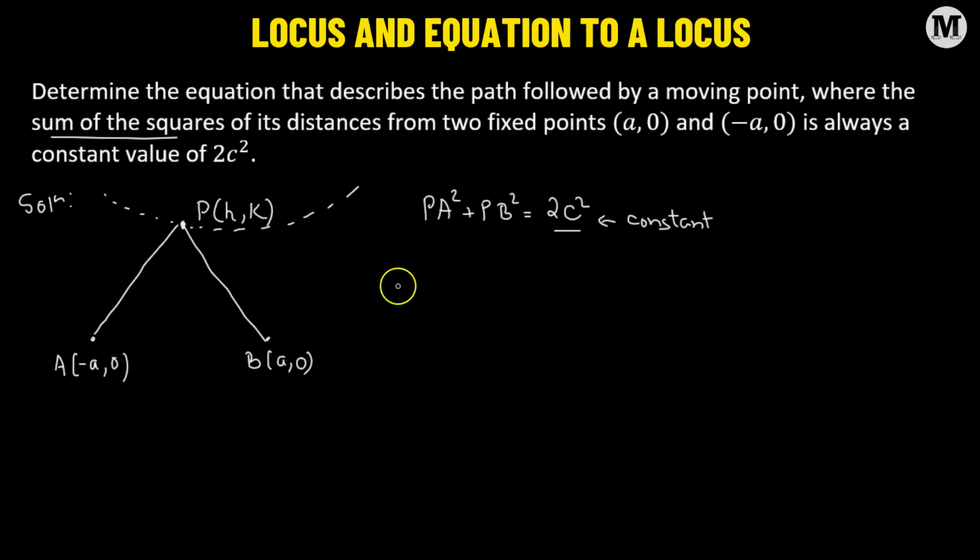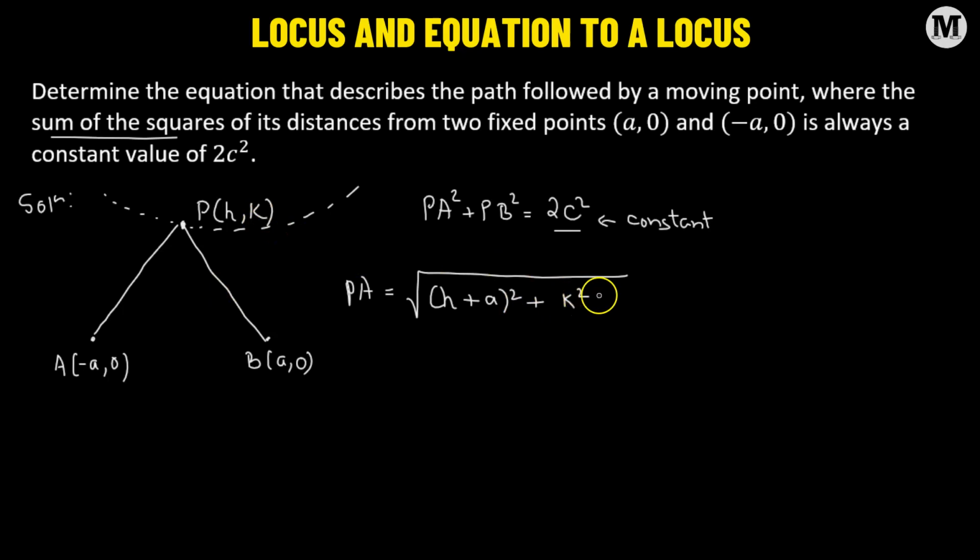Okay, let us begin. Now we can immediately find the distance PA with the help of the distance formula. So PA is going to be equal to the square root of (h plus a) whole squared, the difference of the x coordinates, h minus negative a, plus k squared, the difference of the y coordinates.